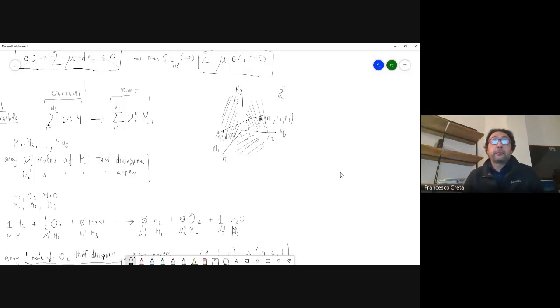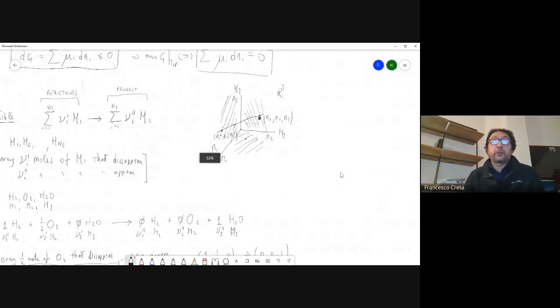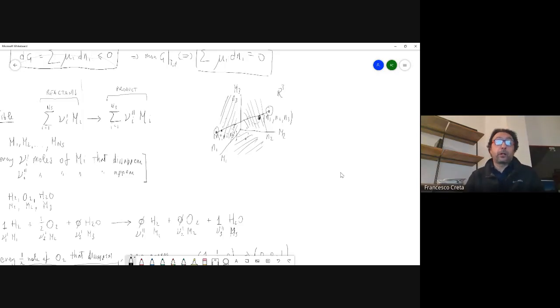Let's say it's here and here, for example. You can only move between this point and this point. You cannot break the wall and go through, clearly, because otherwise you're going to have a negative concentration or a negative number of moles, which doesn't make any sense.